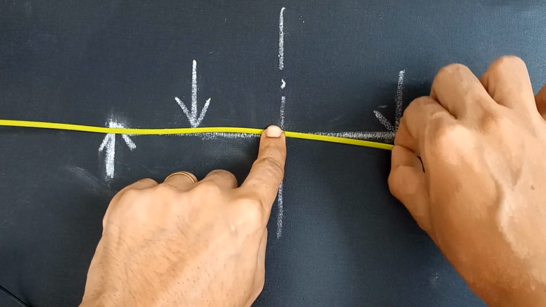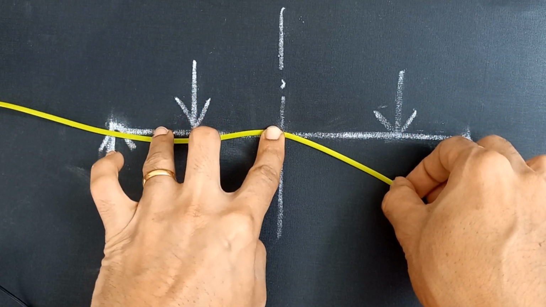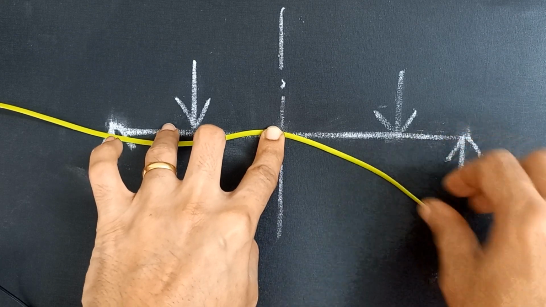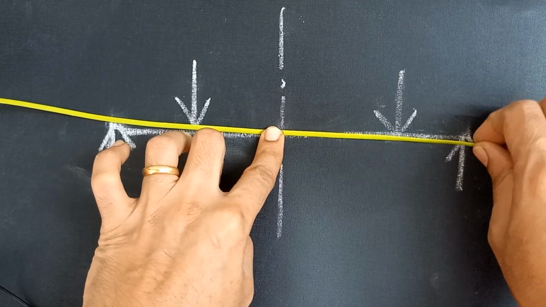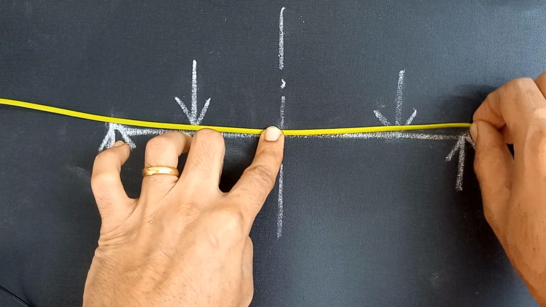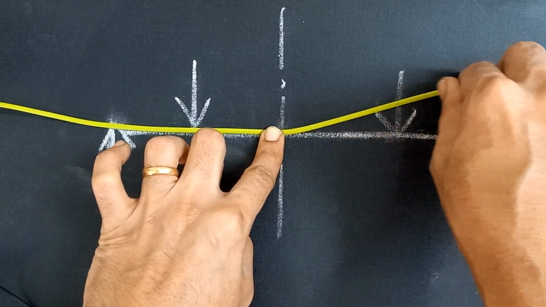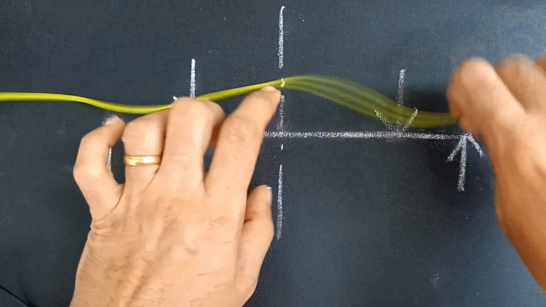See, again we are getting a hogging effect. So we can consider it as negative. This one is an upward force. So let's push this upward. See, here we are getting a sagging effect. So it can be taken as positive.